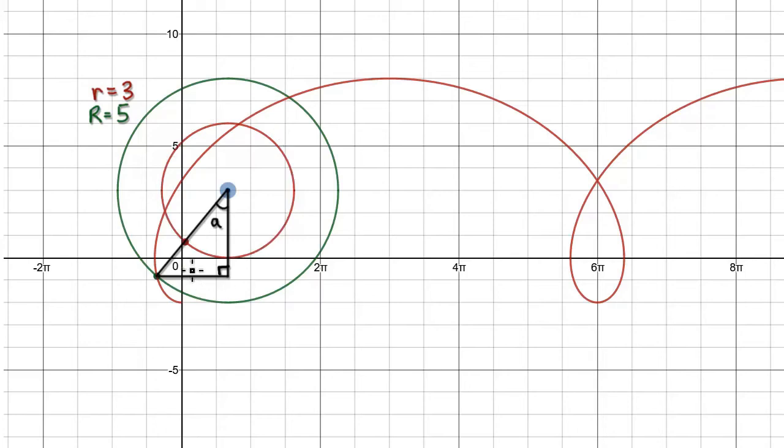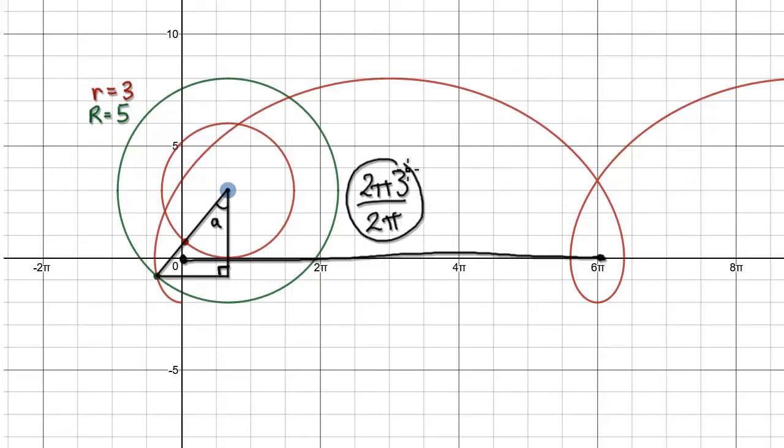So what we're going to do is get this whole distance here, which is 2 pi times the radius of the small circle, and cut it up into 2 pi equal pieces. But let's not work in radians for the time being. Let me work in degrees. So get the circumference, that's this distance here, cut up into 360 equal pieces.